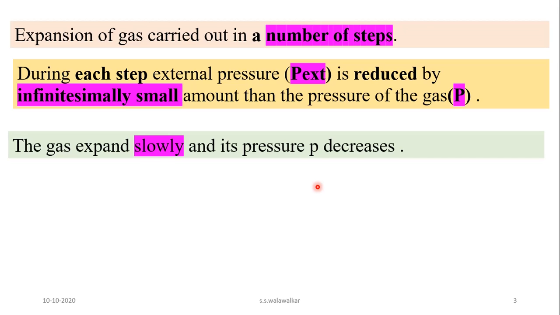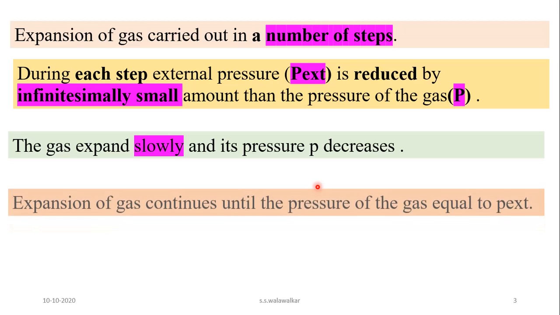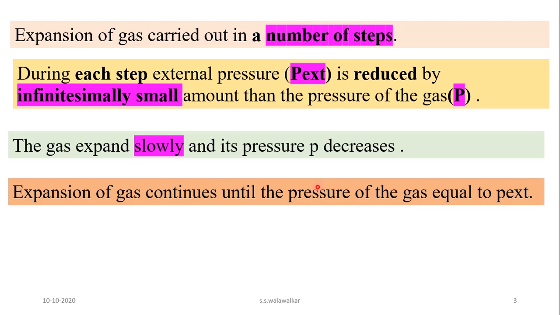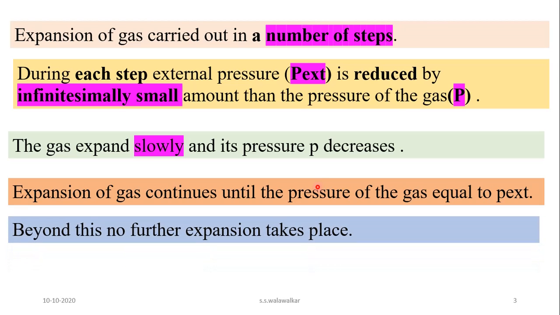Therefore the gas expands slowly and its pressure decreases, and this expansion continues until the pressure of the gas equals P external. When P external is equal to the pressure of the gas, the expansion stops.